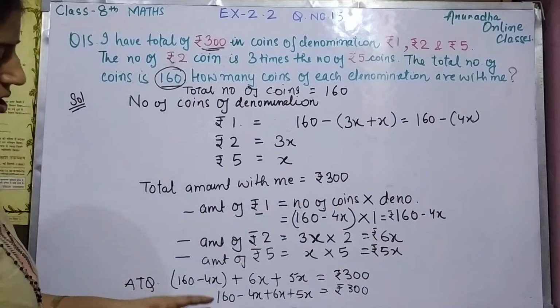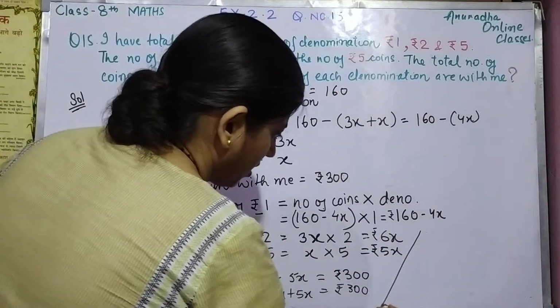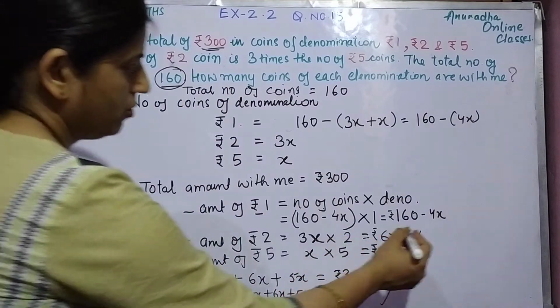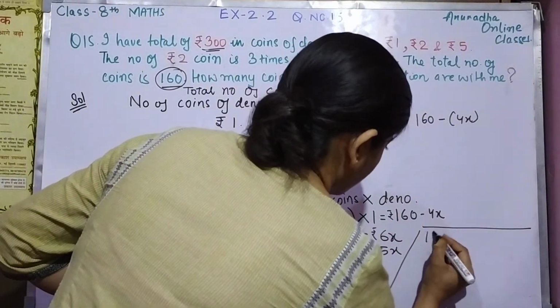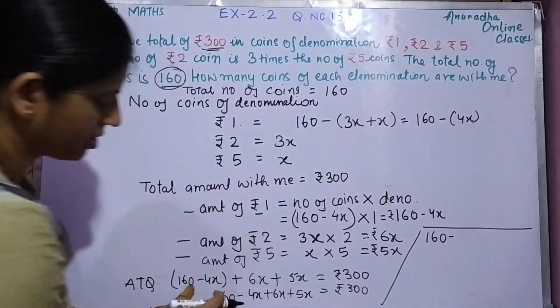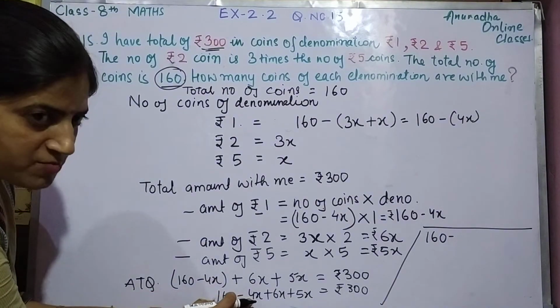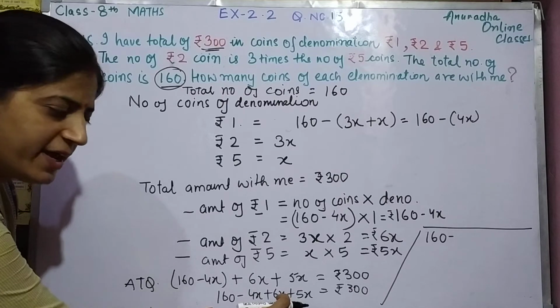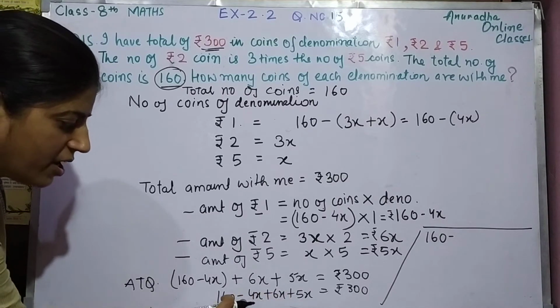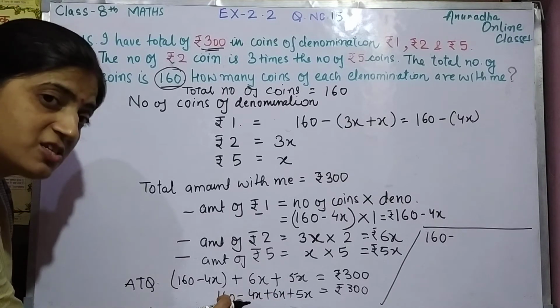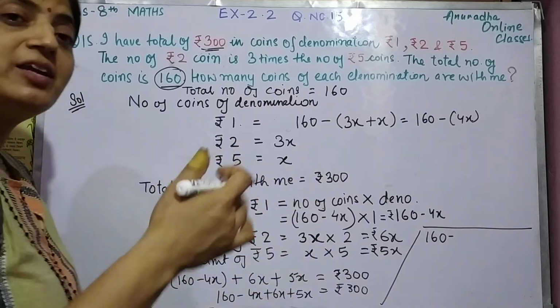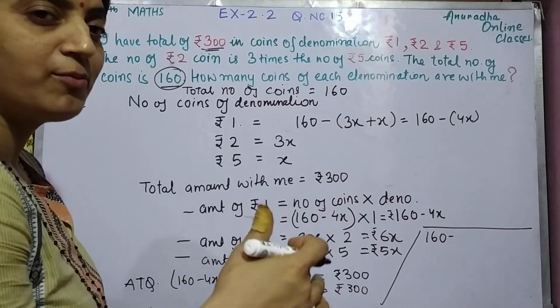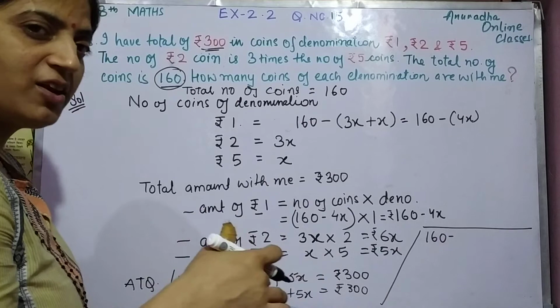Right? Now see, 160, I'm doing it here. 160 minus. Now see this one. This is minus and these two are plus. So 6 plus 5 is what? 11. Plus 11 and minus 4. 11 minus 4 is what? 7.